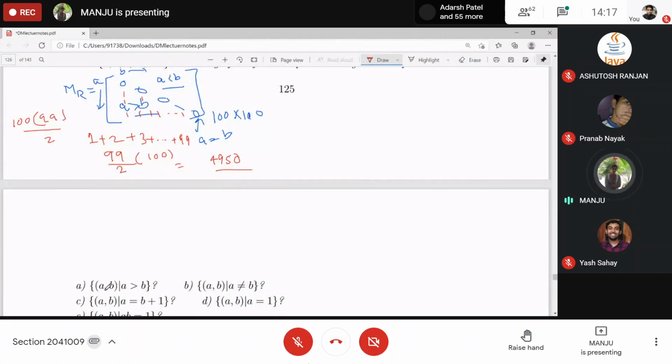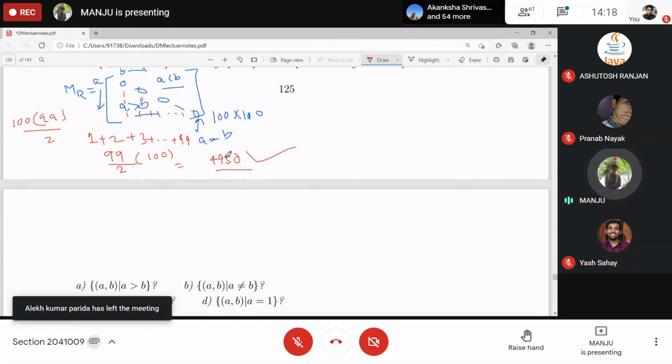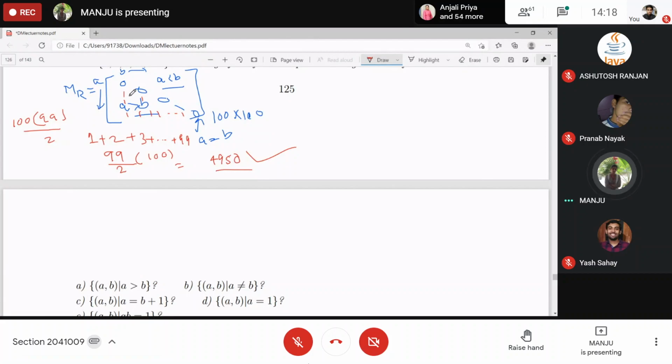See, the number of ordered pairs will be this one only. Or they can ask you what is the cardinality of this set. Cardinality is related to the ones, where A is related to B. A comma B, where it is 9900. Except diagonal, everything else is there.